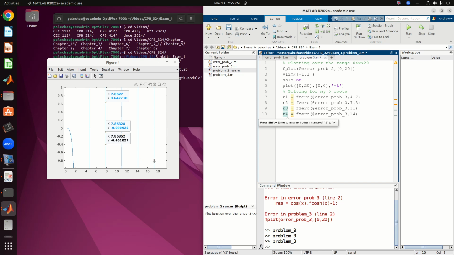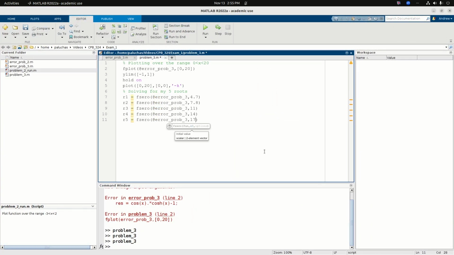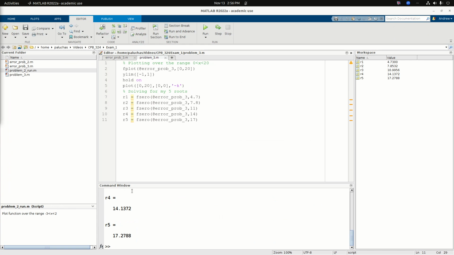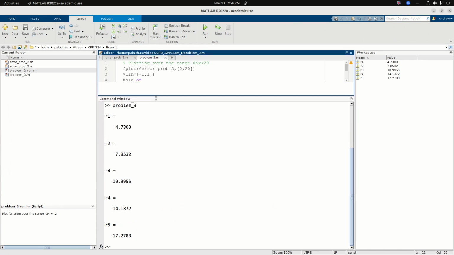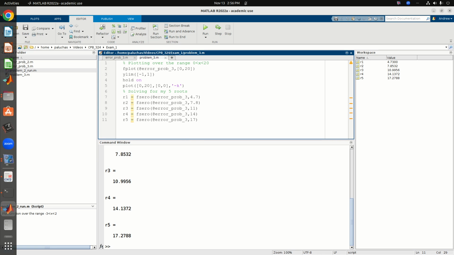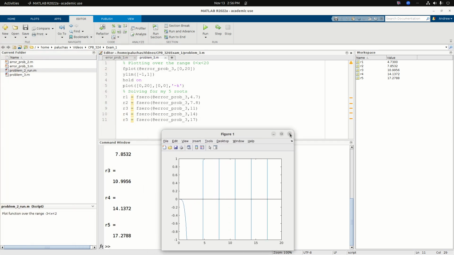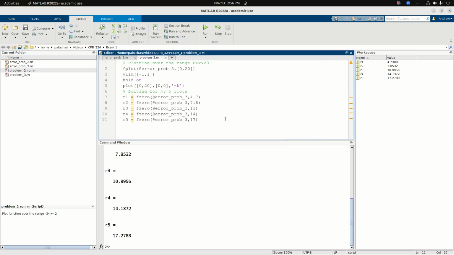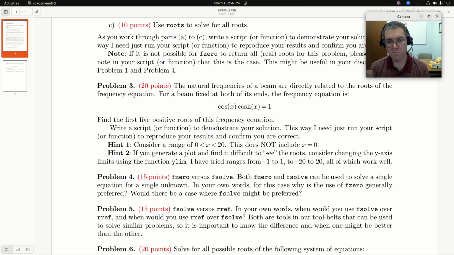And this one is about 17, we'll just call it. So if I close that and I run, 4.73, all increasing in value, looks good. So there's my first 5 roots. If I had time, I could even plot all of those right on my figure to confirm. But that's problem 3.